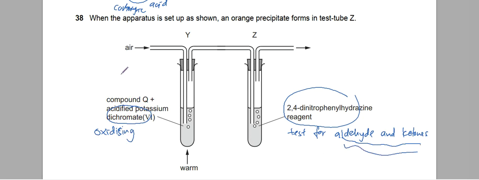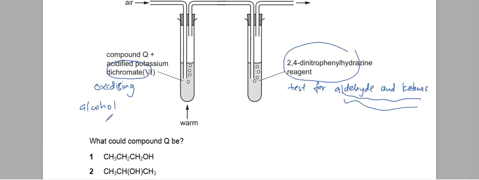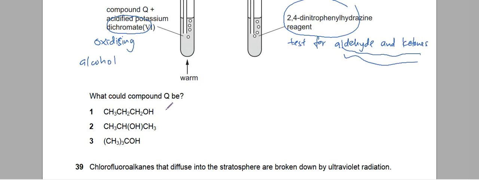We expect to start with an alcohol, because alcohols can oxidize to aldehydes and ketones. This one is a primary alcohol, so it can be oxidized. Secondary alcohol can also be oxidized, but this one is a tertiary alcohol.